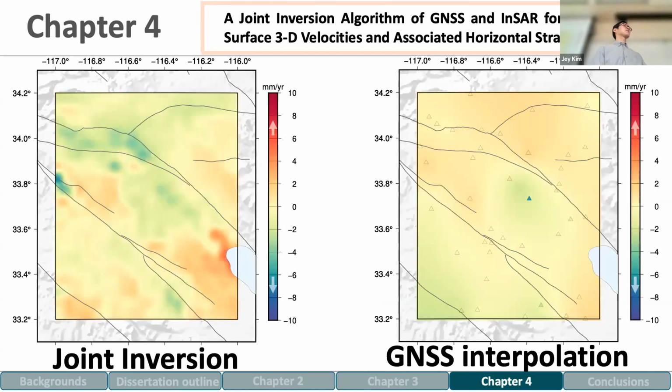And we can also obtain vertical displacements from that. There are some suspicious signals here, but the result is similar to the other group's vertical displacement. So we believe the joint inversion works for the vertical, but maybe there is some issue in the InSAR data set. But it can be used for tilt or vertical displacement as well.